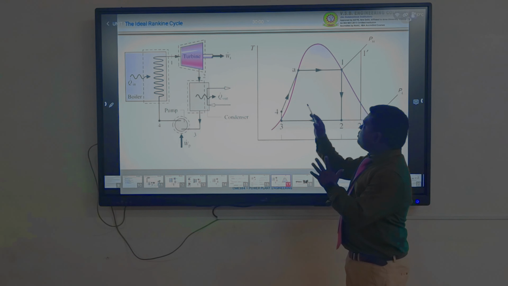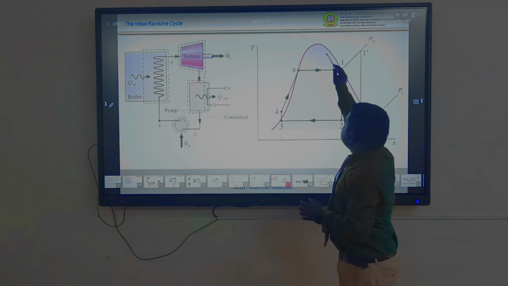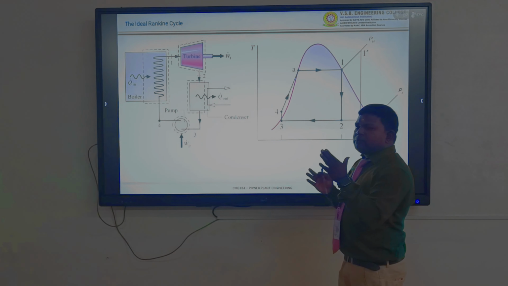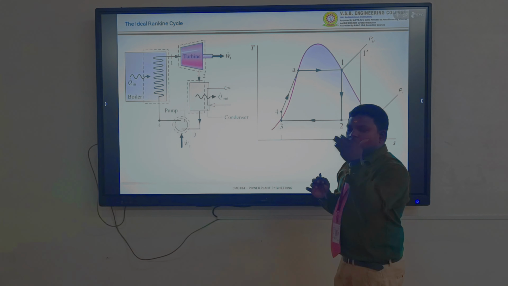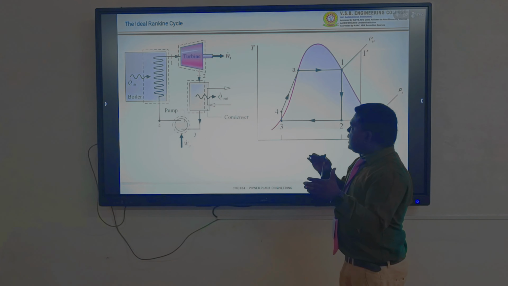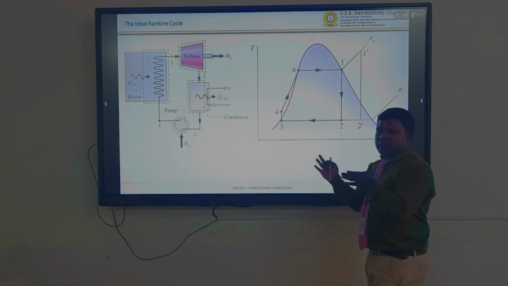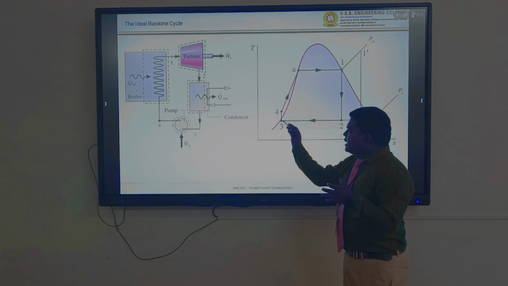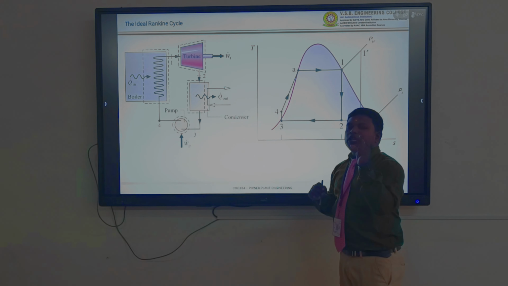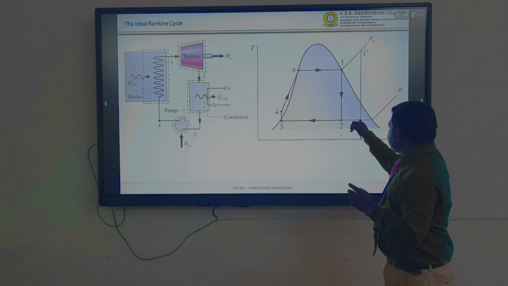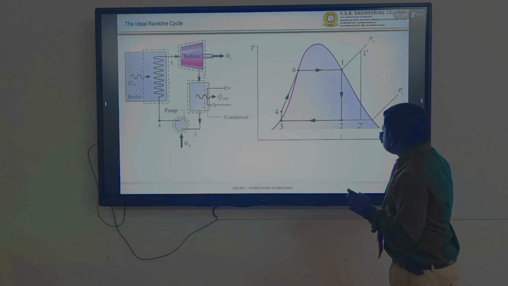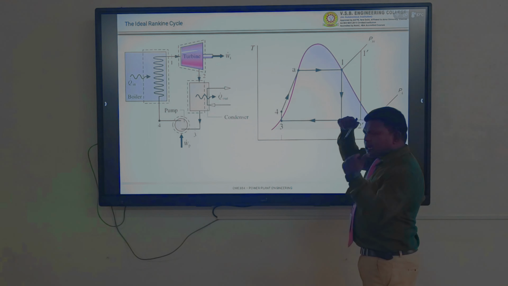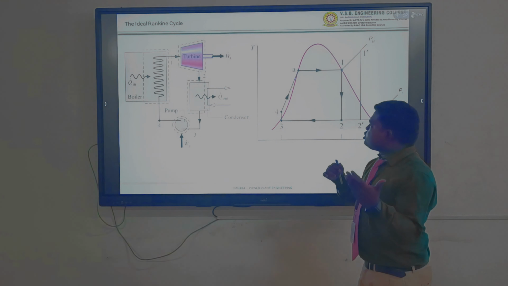From this curve we split two portions, and the maximum is the critical point. Before the critical point, we have solid plus liquid, then liquid plus vapor, and then vapor. Point 3 to 4 is located in the liquid condition, and the 2 dash is on the vapor side of the curve.